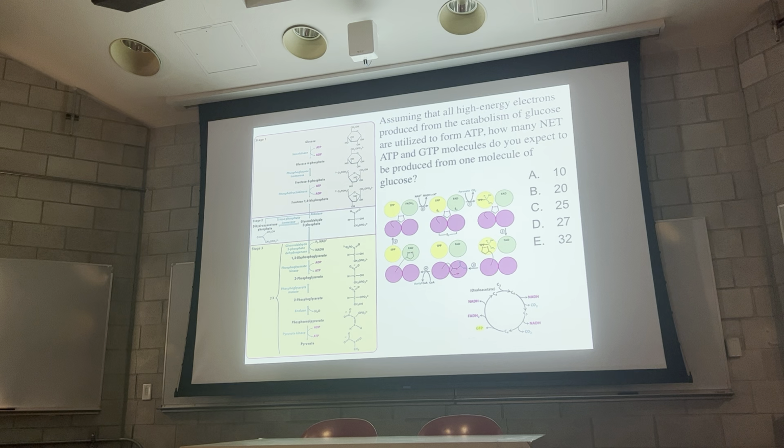So now what we can do is go through glycolysis, pyruvate dehydrogenase, the citric acid cycle, the electron transport chain, and ultimately understand how many ATP we're getting from glucose. So please remember that in glycolysis, during stage 1, we actually invested 2 ATP to get things going.